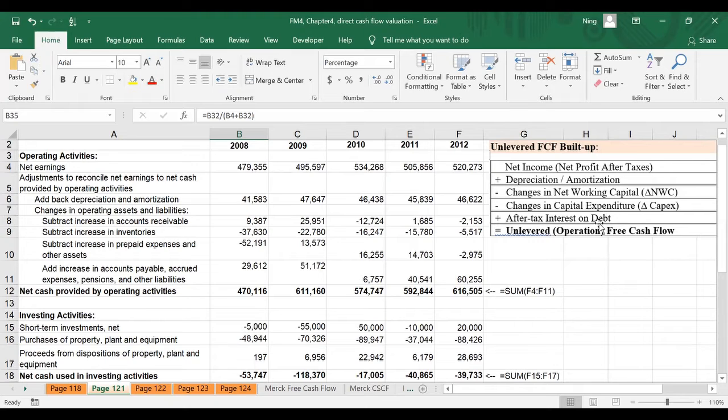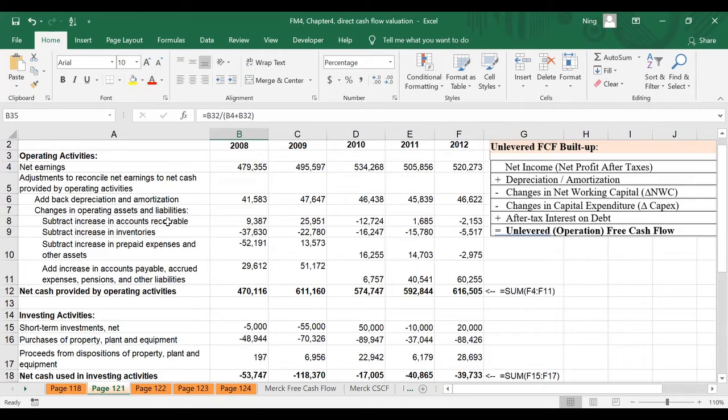Now let's try to identify these variables on the cash flow statement. In the first category, you have all the cash flows from operating activities. There you start with net earnings, which is equivalent to net income, followed by net cash adjustments, including depreciation and amortization, and changes in operating assets and liabilities.